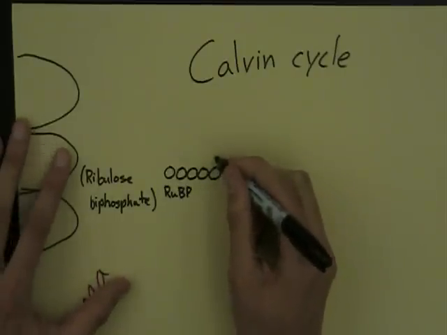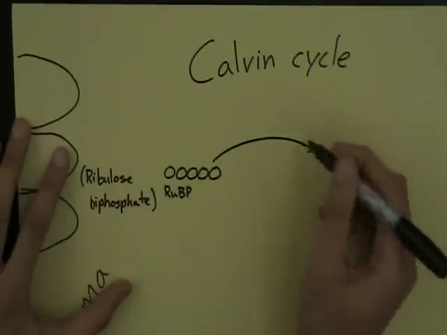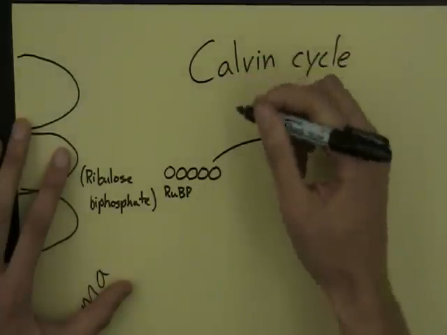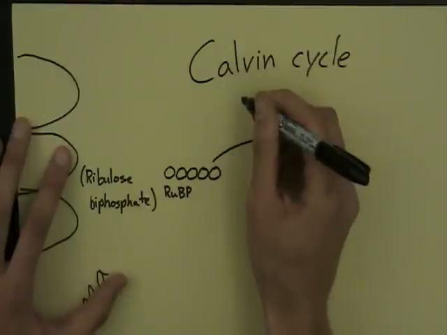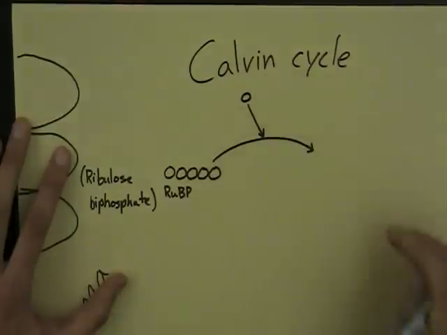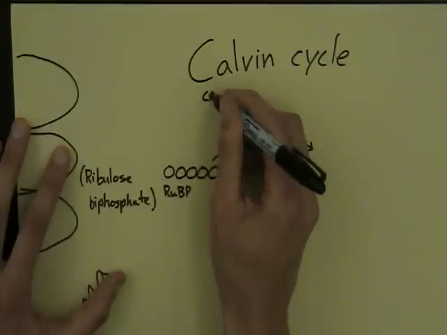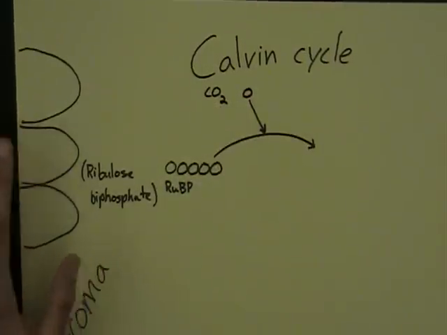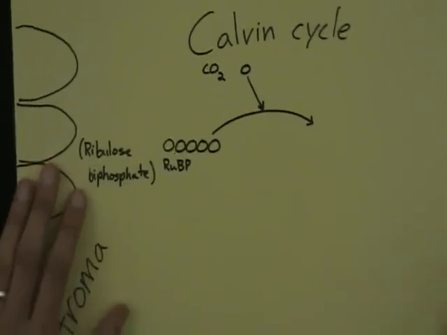So what happens? RuBP is going to be reacted. At this point, carbon dioxide comes in, and carbon dioxide, as you should know, has 1 carbon in it. So we have CO2 coming in, and this carbon is, of course, the carbon that's going to be incorporated into the sugar later on.